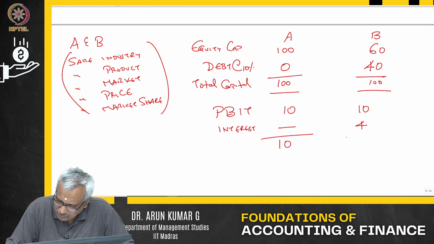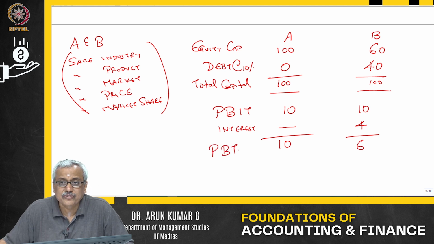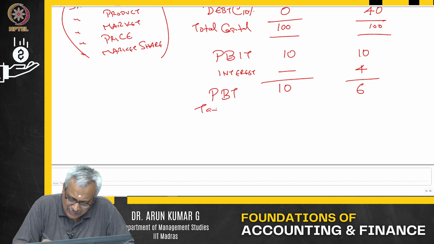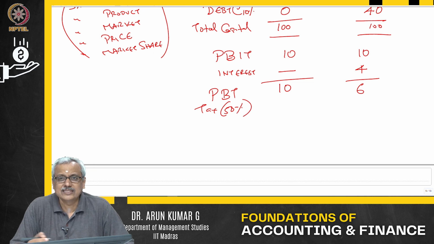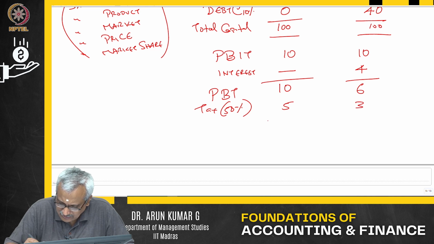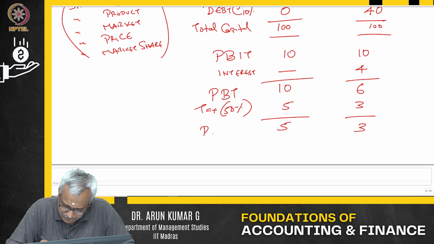Now what happens? My profit before tax is so much. My tax, again I love 50% of taxes, just because of ease of multiplication, $5 gone, $3 gone. My profit after tax is about so much.